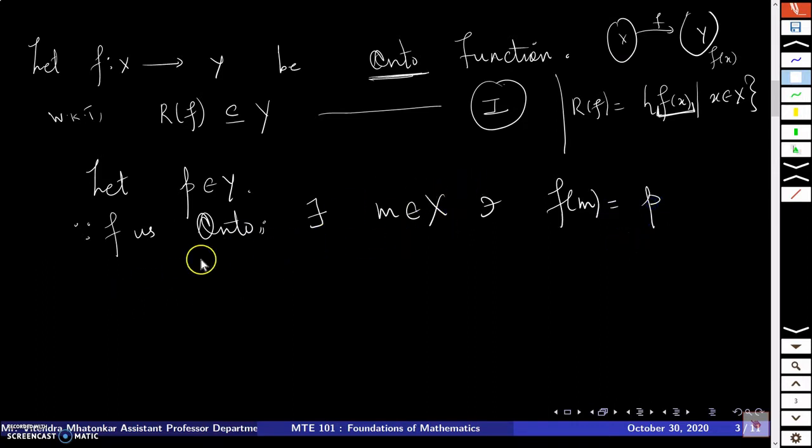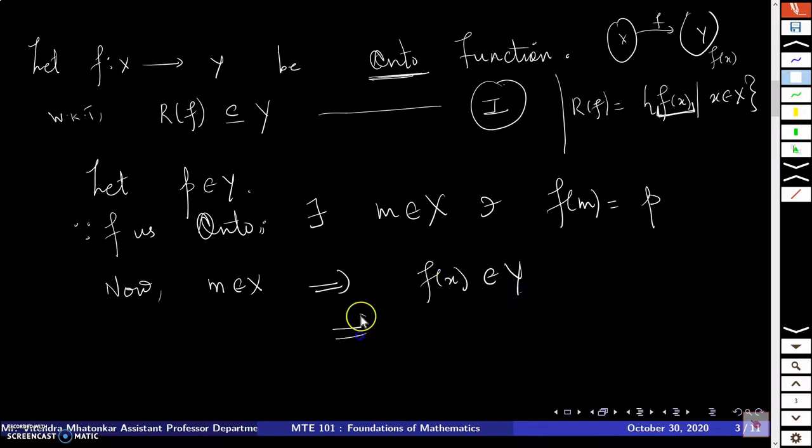right? Now if you see, the point m is there in X. This implies its image will be in the set Y. But what is the image of m? That's p.